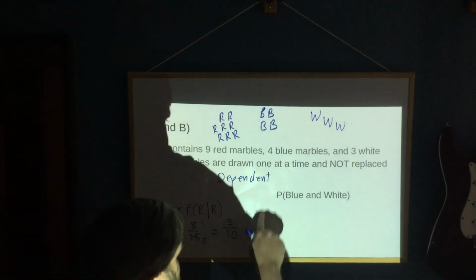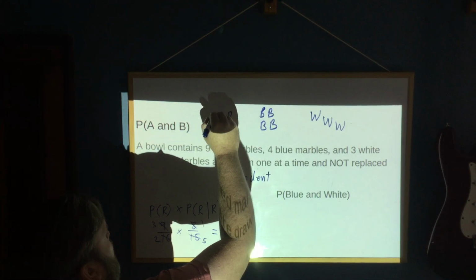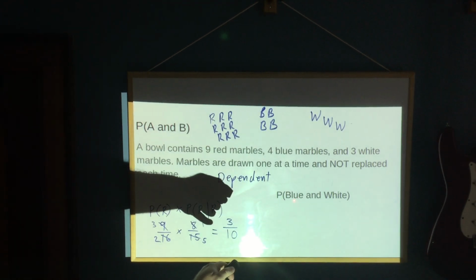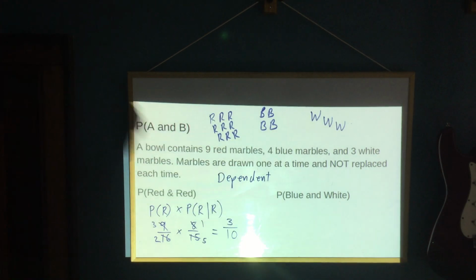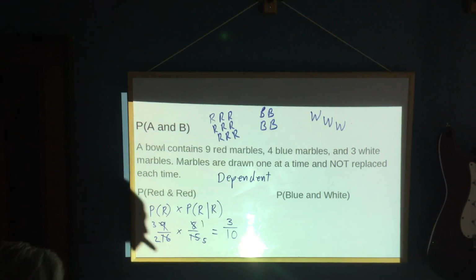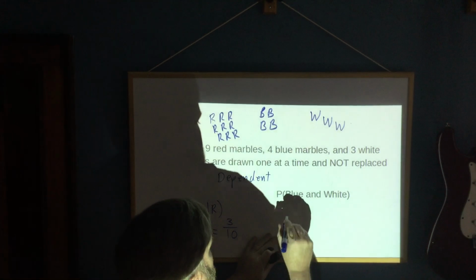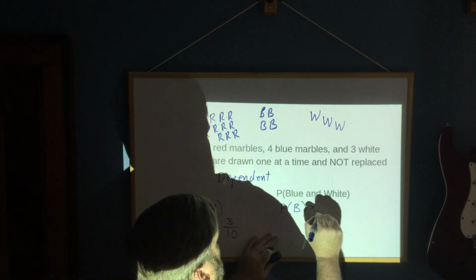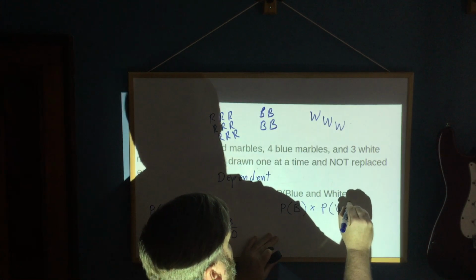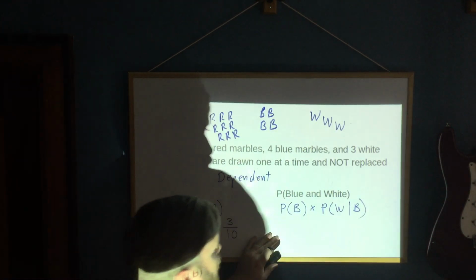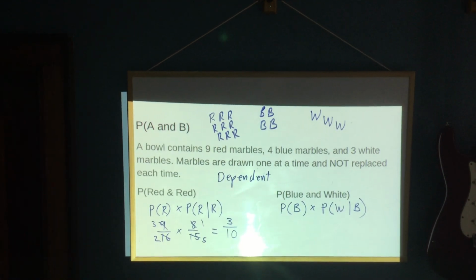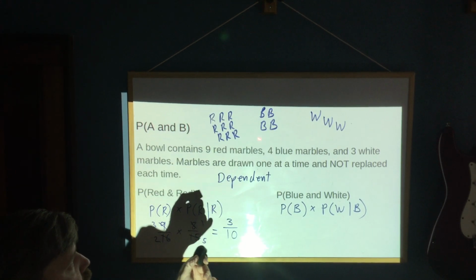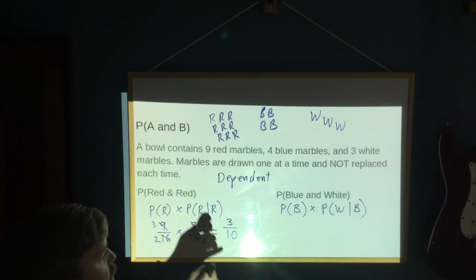Okay. Now it's a brand new problem, so I'm going to put that red marble back. Now we want to know the probability that we draw a blue, don't replace it, and then draw a white. So that would be probability of blue times the probability of white given you already have a blue one. Well, the probability that the first one we draw is blue, there are 4 blue out of 16 total.